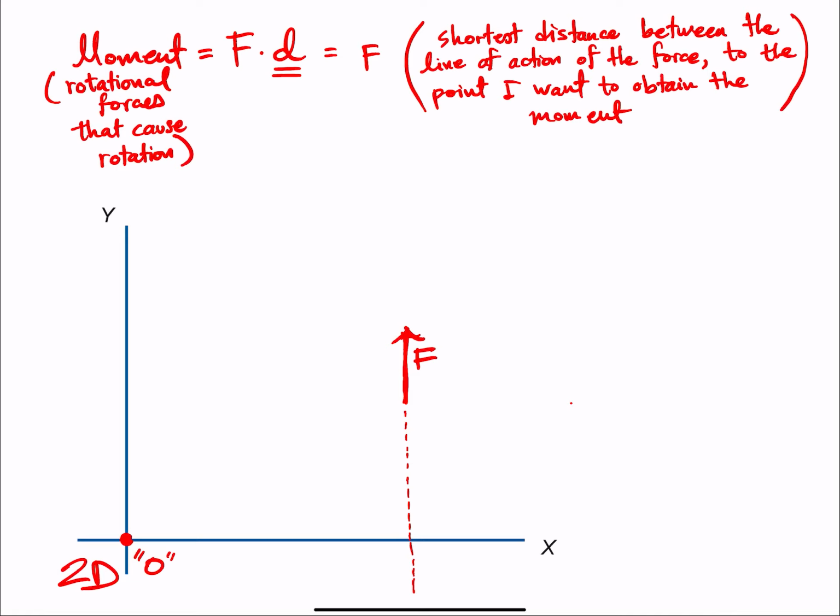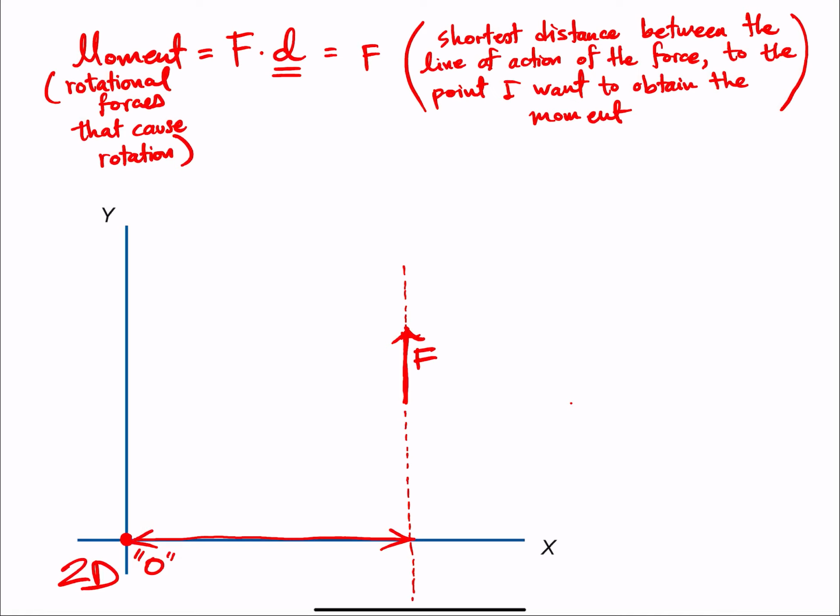So let's see if we can actually have it nailed down in an easy way. Here is my line of action of F, and according to the definition, this distance D is the shortest distance between the line of action and the point. So you would agree with me that this is the distance that we are looking for.